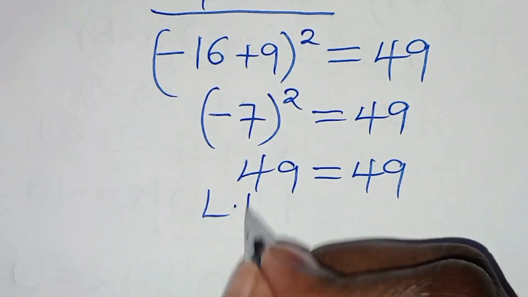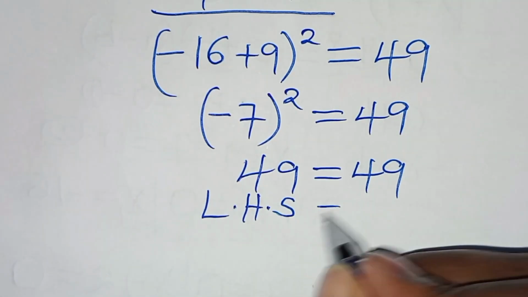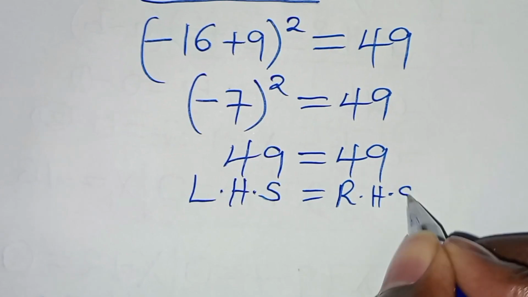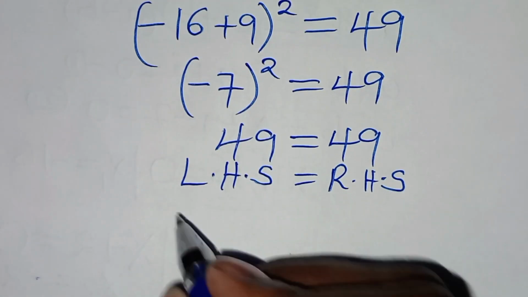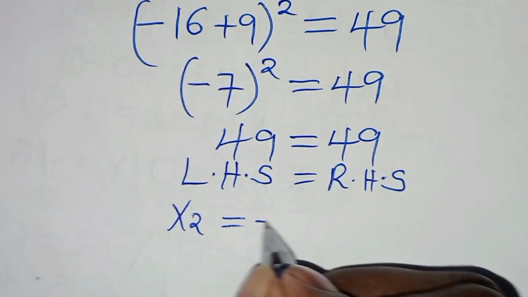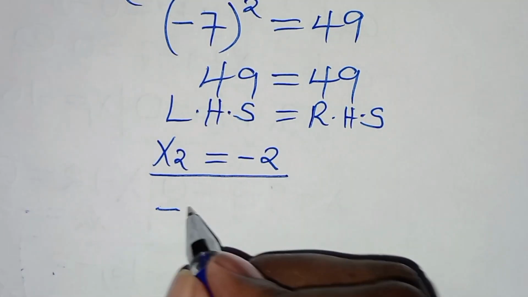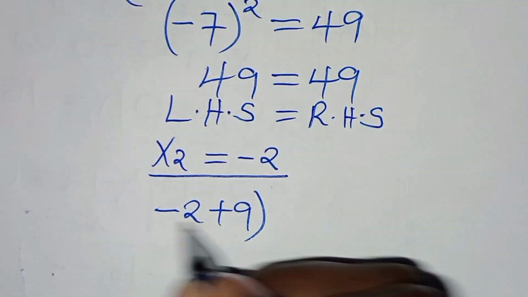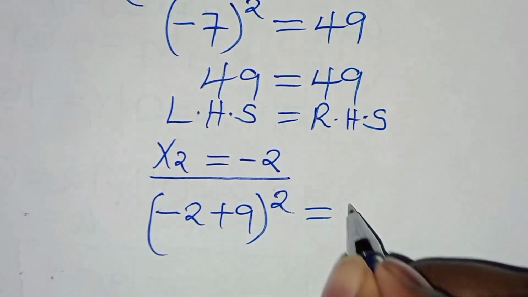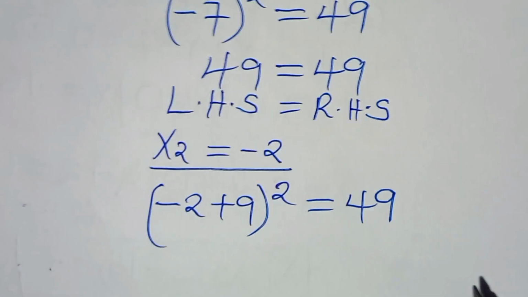So this implies that the left hand side is equal to the right hand side. Let's check x2, which is equal to minus 2. We have minus 2 plus 9 raised to power 2. This is supposed to give us a value of 49.